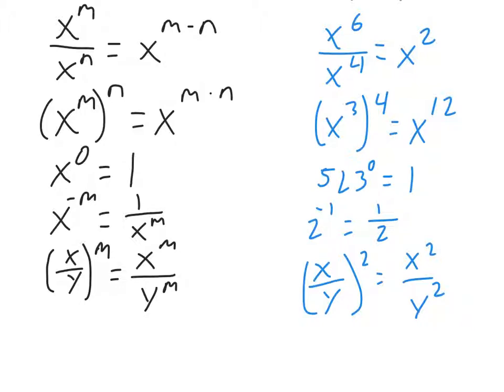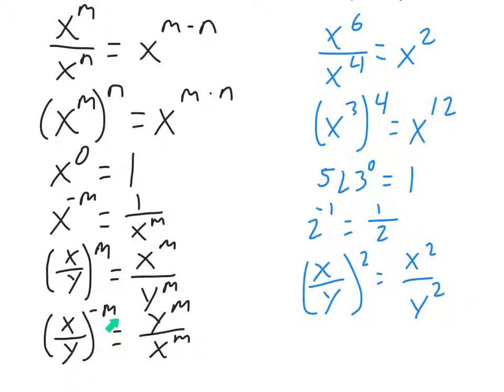And finally, if we have x divided by y to the negative m, then that's the same thing as saying y to the m over x to the m. So remember, negative means to take the reciprocal of, so we flipped it. So x went to the bottom and y went to the top.